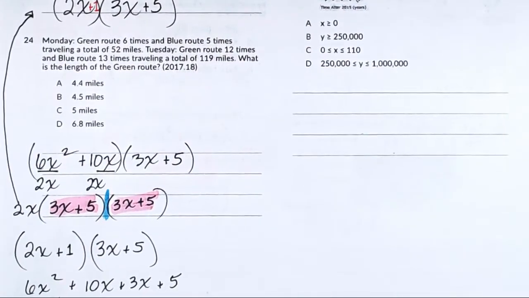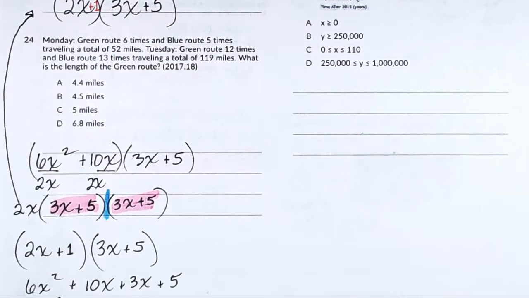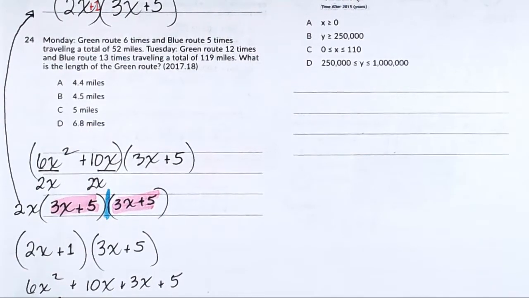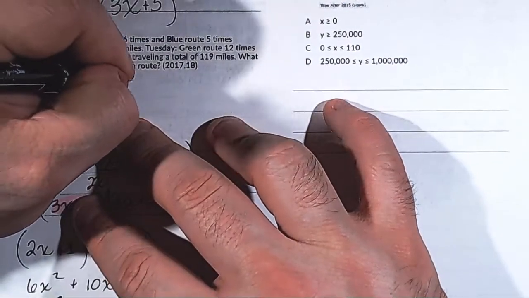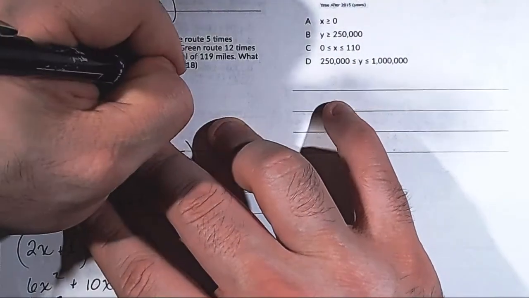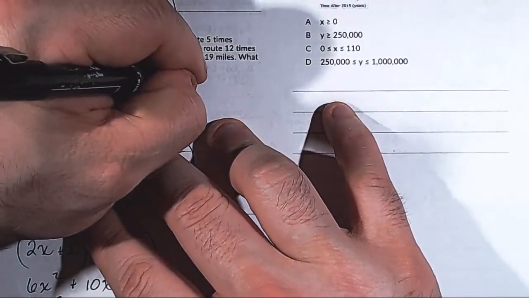Okay, number 24. Monday, green route 6 times, blue route 5 times, traveling a total of 52 miles. All right, this is going to be a system of equations problem, and when I see that it's a system problem, I'm thinking matrix.